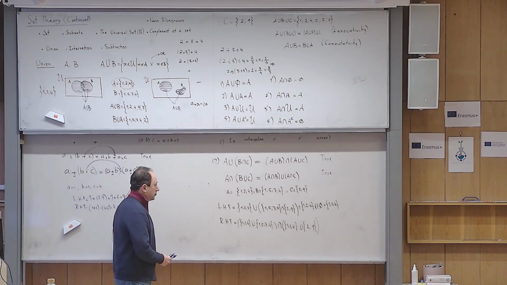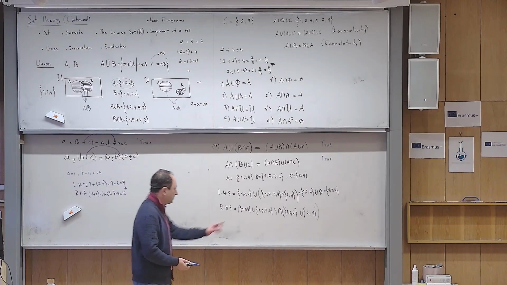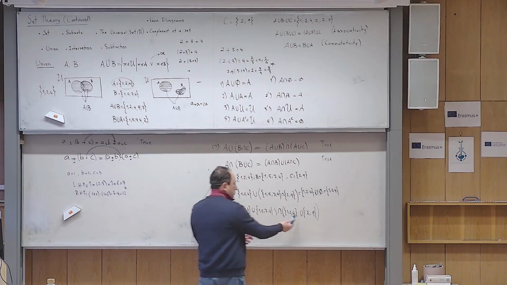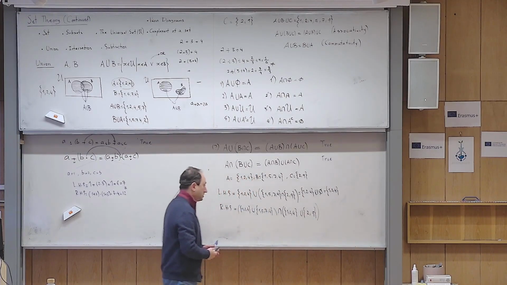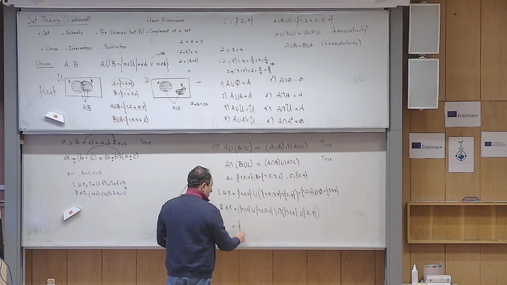But which operations have priority here? The union here, because this is within the first pair of brackets, the union there, because that's the second pair of brackets. So here I union these two sets, which becomes 1, 2, 4.